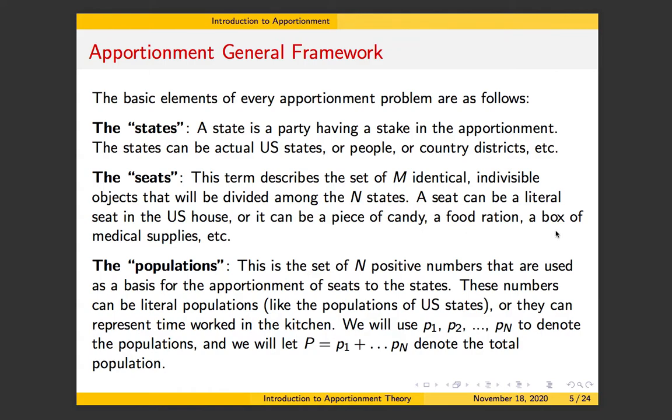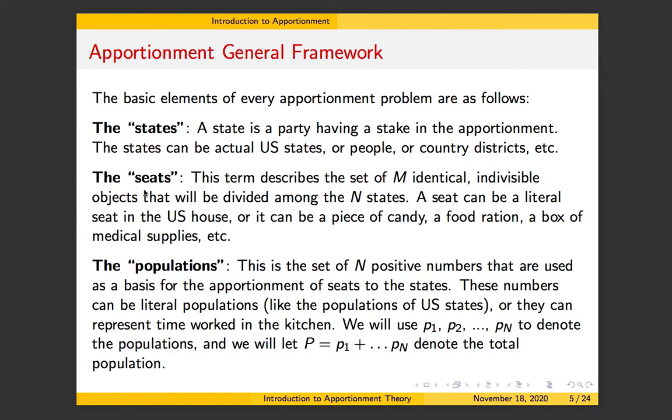If you're rationing boxes of medical supplies, your populations might be the number of people in a given hospital or something, whatever. So every apportionment problem has these three basic things. You have states, which are apportioned seats in proportion to their population. That's what an apportionment problem is. And again, these are in quotes because they don't have to be literal states or literal seats.